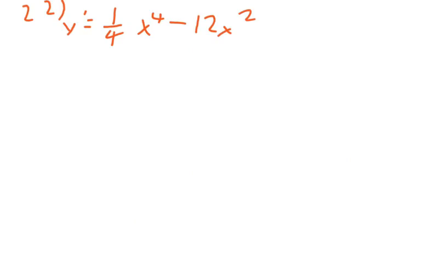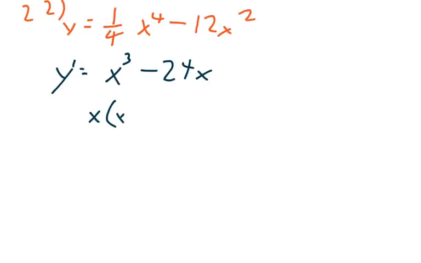For this particular problem, we want to find out where the graph is decreasing. So in order to figure out decreasing, we first take the derivative, which is x cubed minus 24x. And then I'm going to set this equal to 0, so I factor out an x.